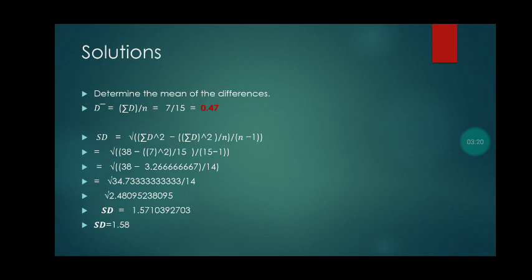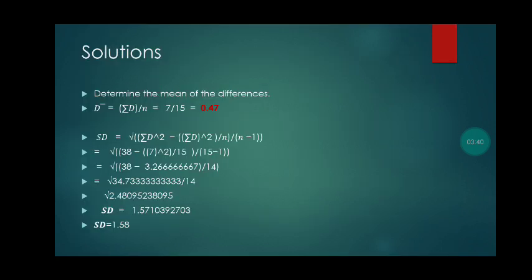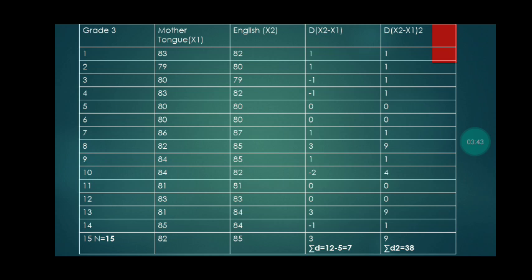First, we determine the mean of differences. The mean of differences equals the total of the summation of D over N. We got 7, right? So 7 divided by N, and N is 15.